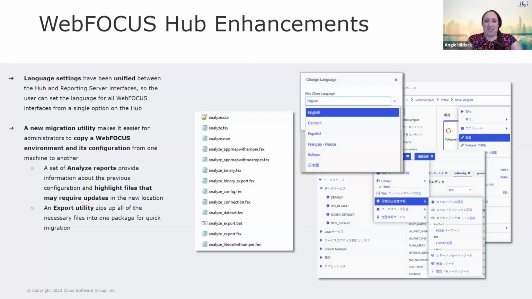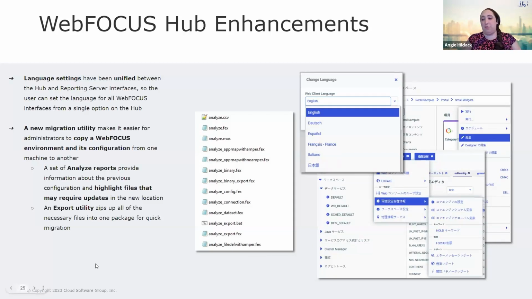And then also the migration utility, I mentioned this once already. The biggest piece here is the analyze portion of it, where it's going to go through and look at your configurations and procedures across your reporting server and your client repository.